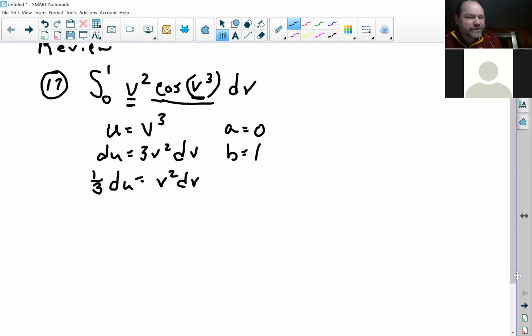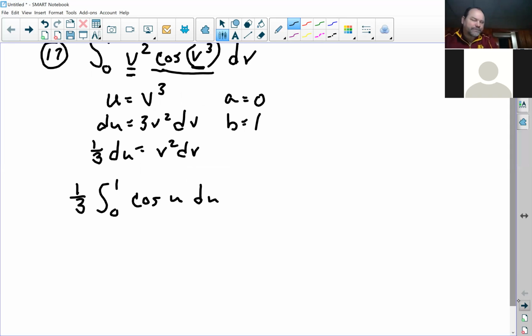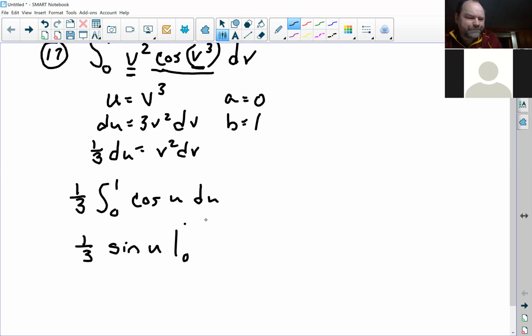I find it interesting. I'm going to have the 1/3 integral from 0 to 1 cosine of u du. And the integral of cosine is sine, evaluated from 0 to 1.